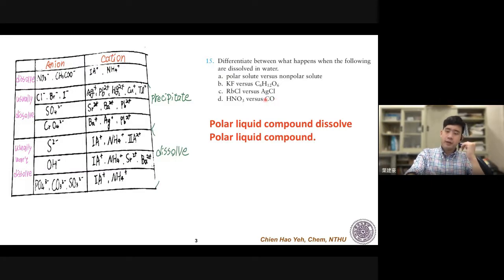So the polar compound will dissolve in water. So carbon monoxide can dissolve in water.